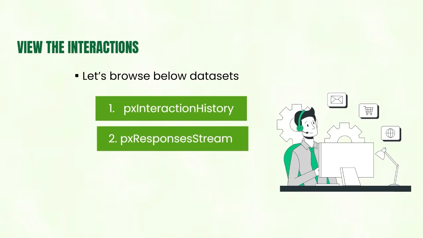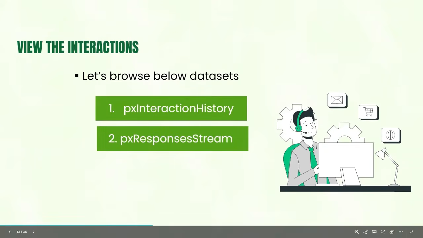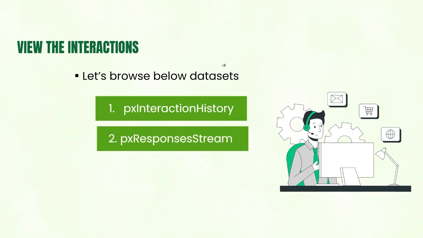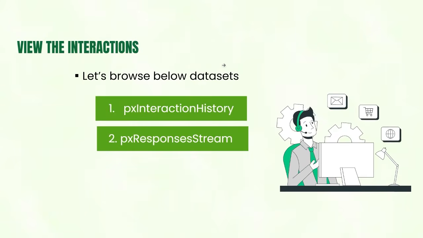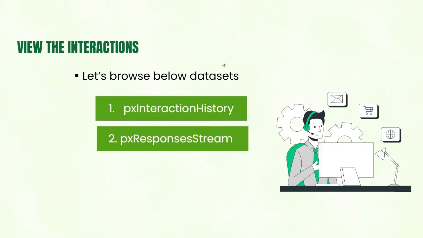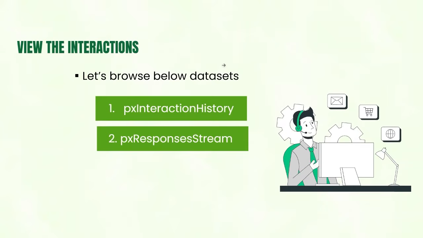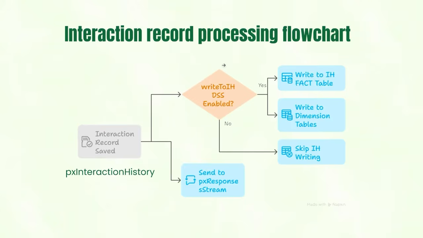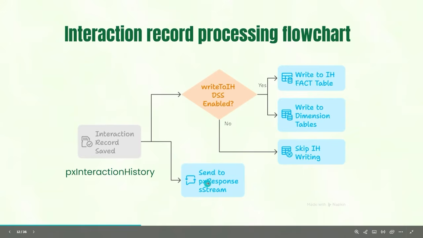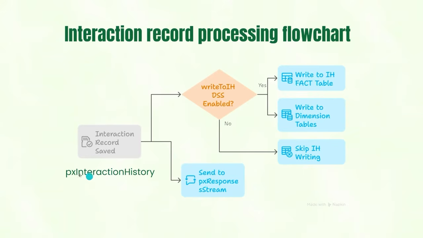Before we go through the process, we will browse both the datasets. One is PX interaction history, and the second one is PX response stream. Why? Because when the data is sent, Pega does this process: the data will be sent to PX response stream, which is a stream dataset, and PX interaction history is an interaction history dataset.